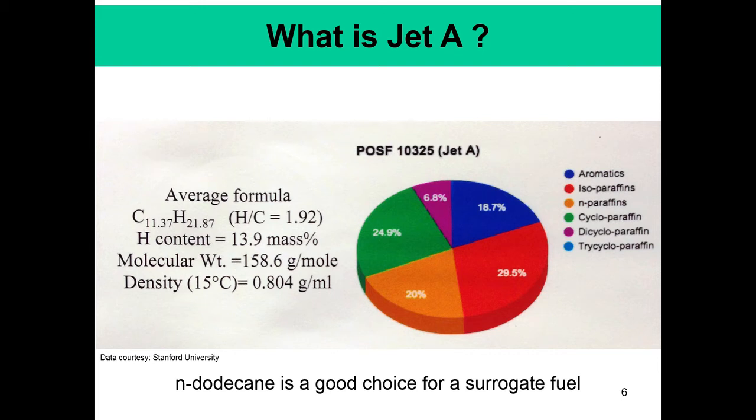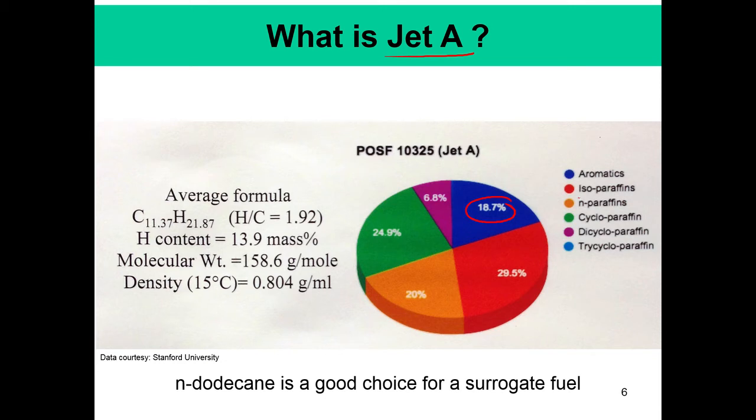Contrary to what we just discussed of normal alkanes, cycloalkanes, etc., it is not a single fuel. It is essentially a combination of different kinds of alkanes, aromatics, etc. As you see here, Jet A contains about 19% aromatics, that is benzene, phenol, etc., mainly benzene type species.